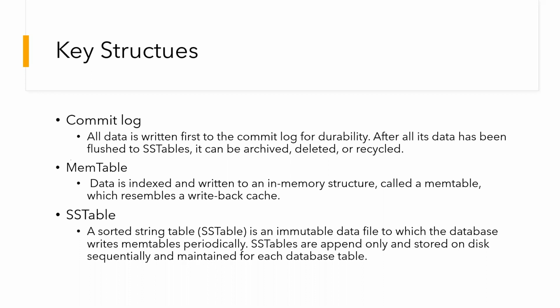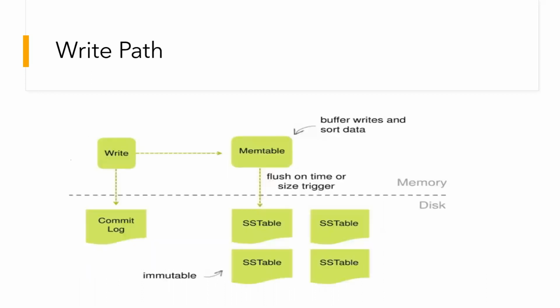So when a write request comes in, it is stored in 2 structures. One is the commit log and the other is the mem table. Commit log is persisted on a disk, whereas mem table is in memory. Also the difference between these two is that commit log writes are append-only. However the order in which you receive your data, that will be stored in the same order in the commit log.